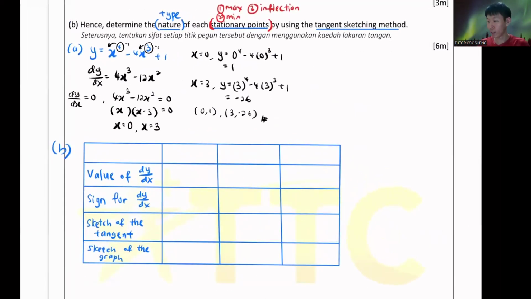Tangent sketching method. Oh, yeah, by the way, you have to draw 2.